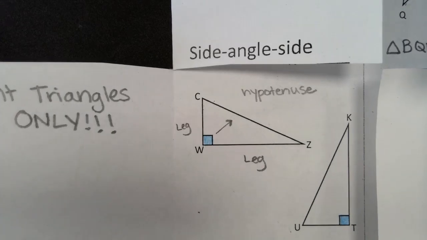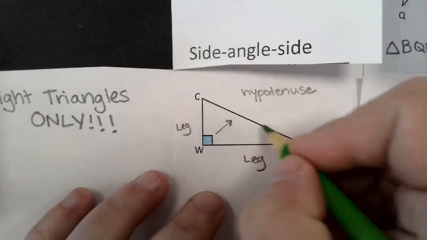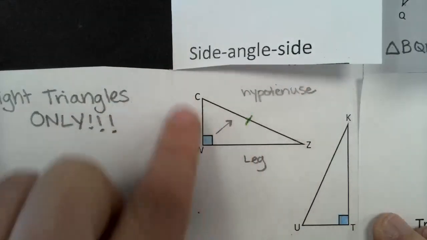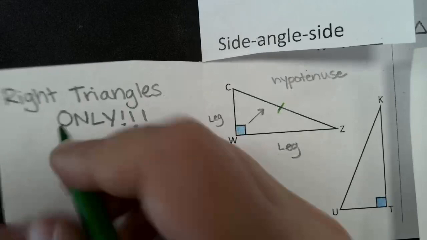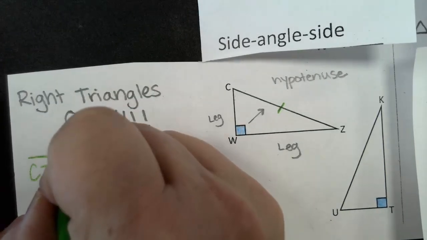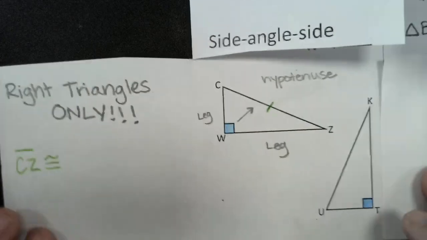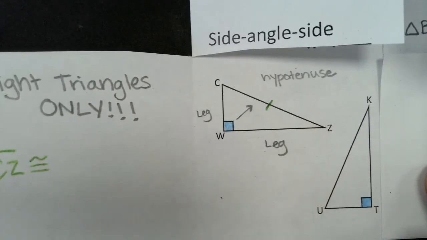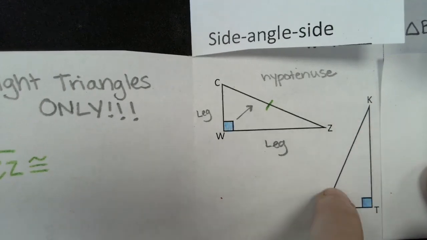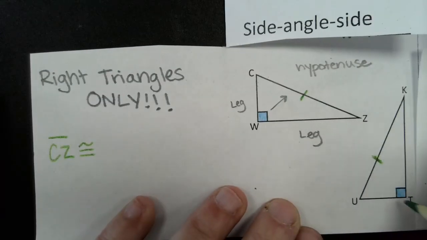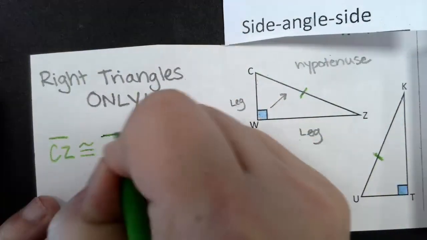Alright, so if I start with that hypotenuse, I'm going to say that CZ, that's the hypotenuse of this right triangle, has to be congruent to the hypotenuse of the other right triangle. So in this triangle here, which one is the hypotenuse? Is it going to be UT, TK, or KU? KU. Good. It's across from that 90 degree.